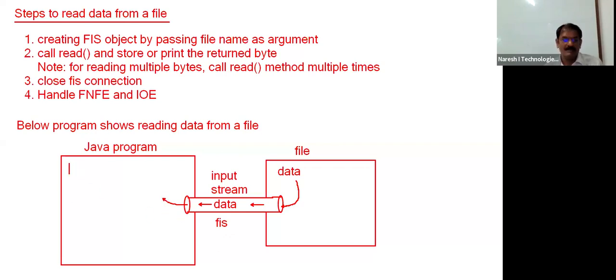Then here I should create FIS. FIS equals new FIS by passing the file name. Then I should call int data. The FIS read method return type is int. FIS dot read. Then System dot out dot println, data, printing on the console.